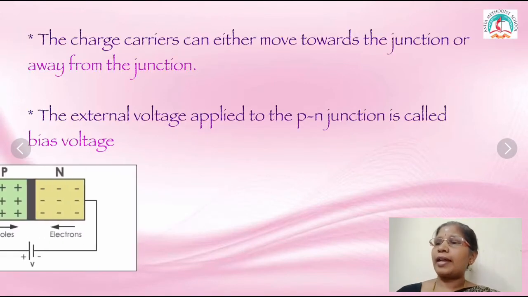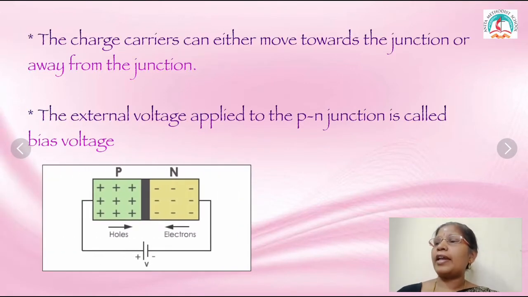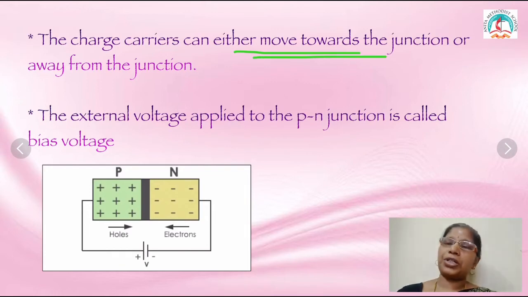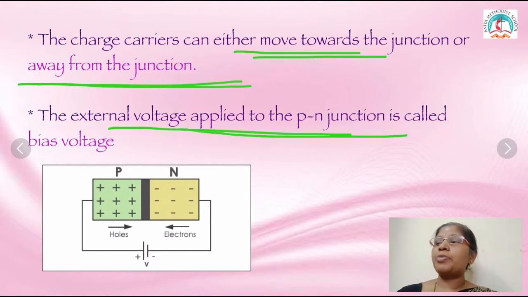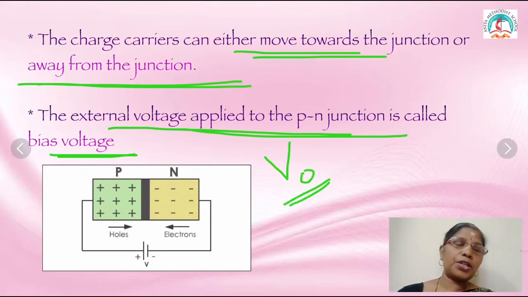On this side, the charge carriers can either move towards the junction or move away from the junction. The external voltage applied to the PN junction is called the bias voltage. How much you apply is the bias voltage. This voltage is called the threshold voltage or cutoff voltage, represented by V0.